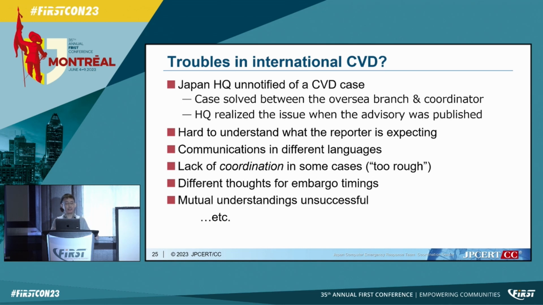The case was coordinated and solved between the overseas branch and the overseas coordinator. The Japanese headquarters realized the issue when the advisory was actually published. So it was a bit slow for them to realize the issue, even though they were the headquarters of the company. And other things are like hard to understand what the reporter is expecting, or communications in different languages were hard, they said.